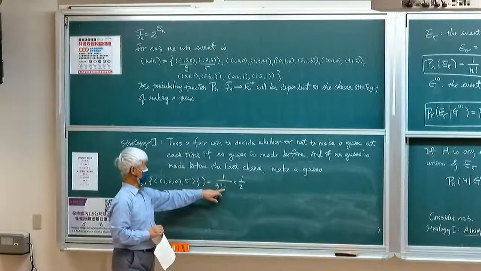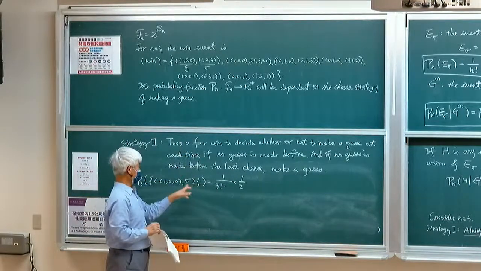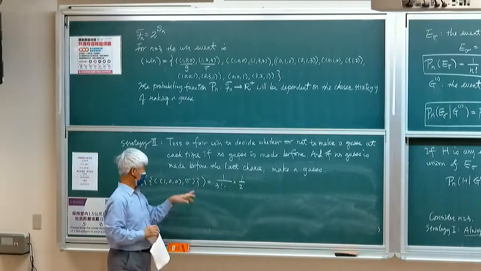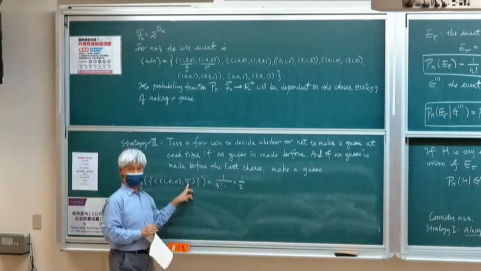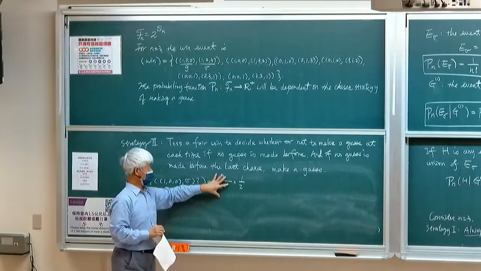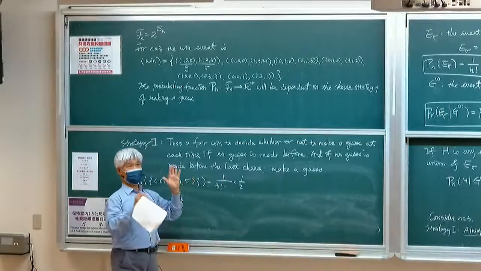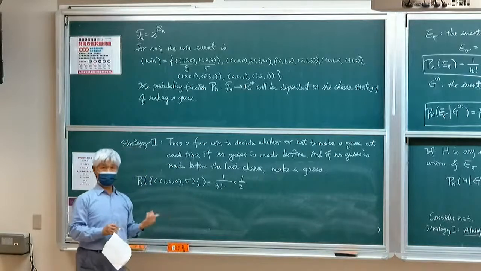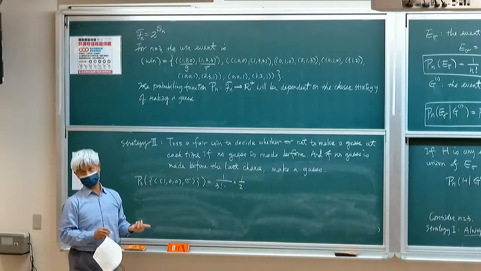One over 3 factorial is here, as we know that the card is in the order described by the permutation sigma. Right? They will not be affected by the strategy of making guesses.